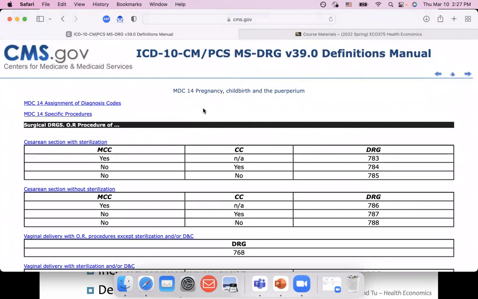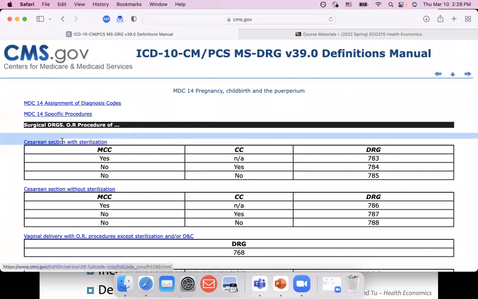Okay, so these are several of the different codes that we have mentioned. For example, one of the very common procedures done in an inpatient visit is delivering babies. Some mothers will choose to deliver babies through a C-section. If it is a C-section delivery, then I will group them into C-sections with sterilization and without sterilization.